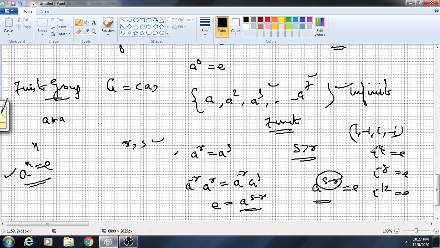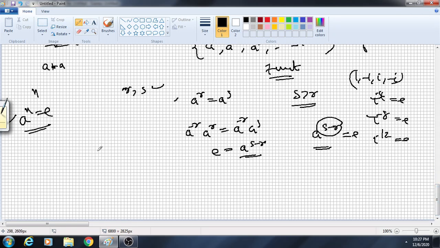So there are many integers. We have established that such positive integers n do exist, such that a raised to n is equal to e.